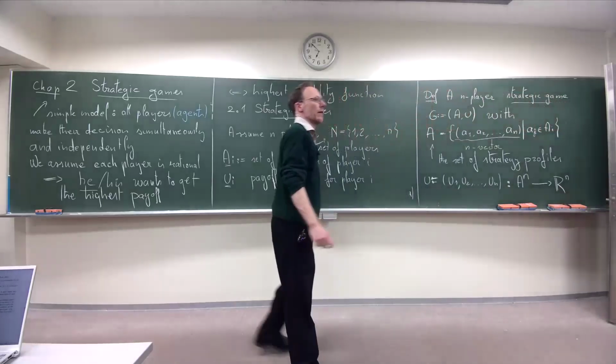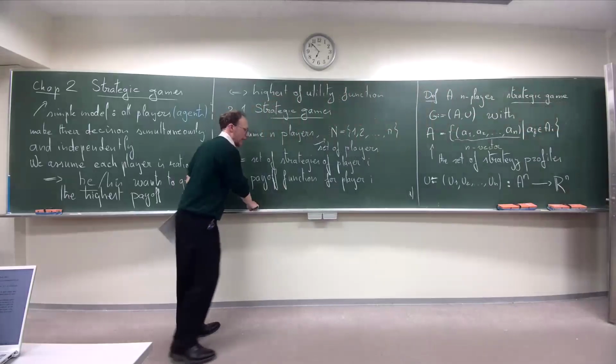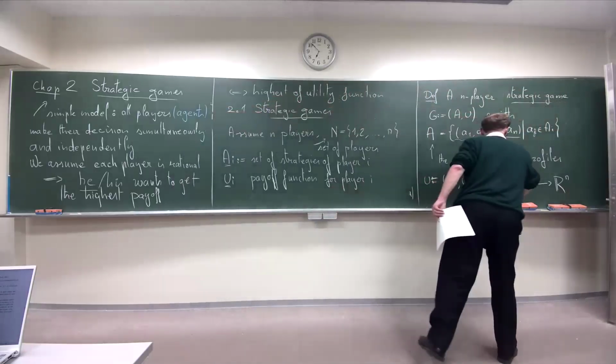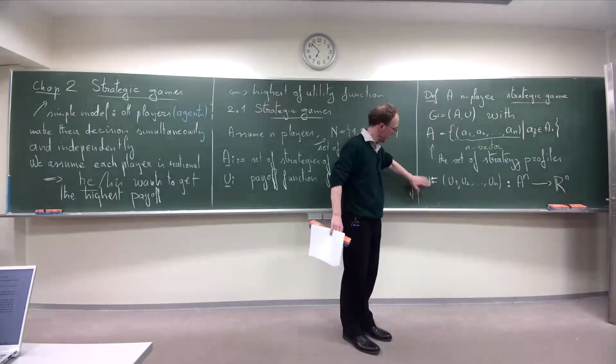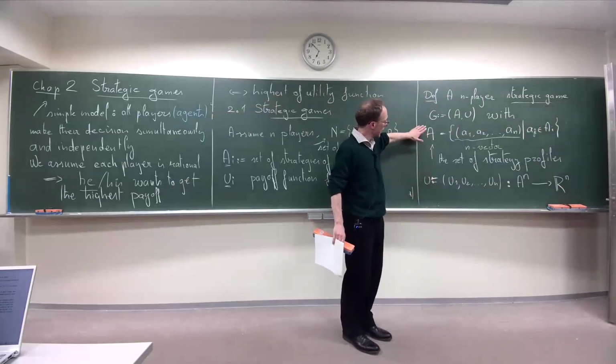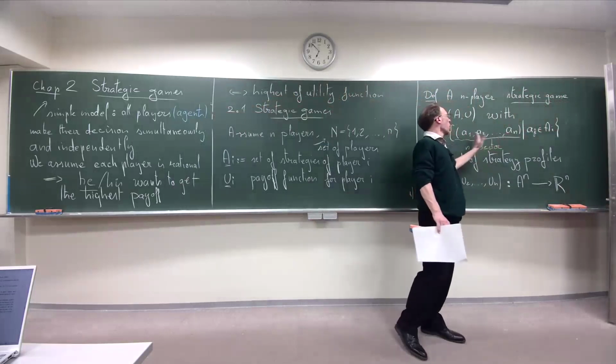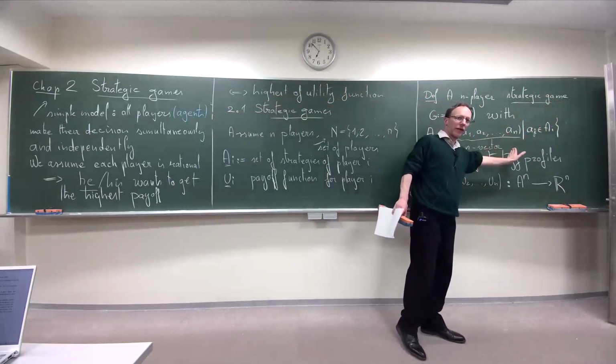We will see in a second in the examples. So if you don't understand this completely, just wait for the examples. But it's clear I need to take into account all possible strategies of all players.